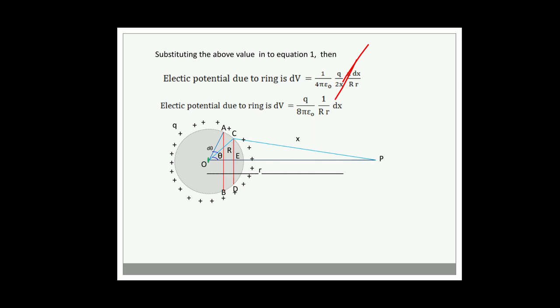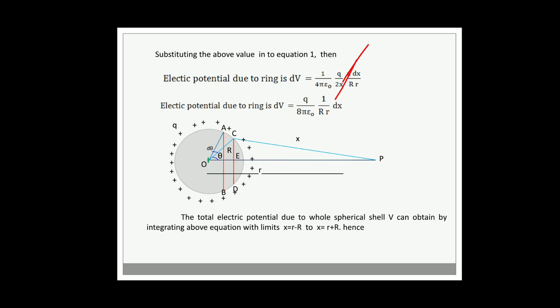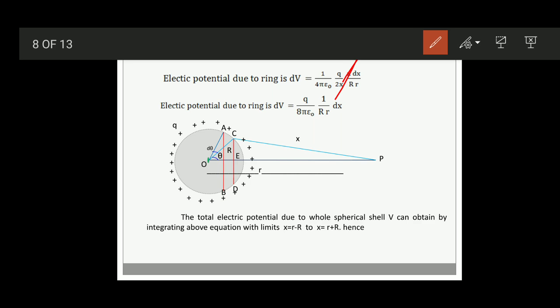When we take integration of this equation, we can get the total potential V. The point P is outside, so the limits are, lower limit is small r minus capital R and higher limit is small r plus capital R.